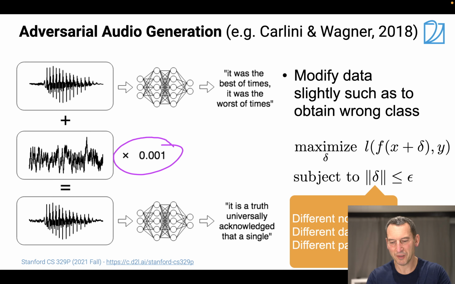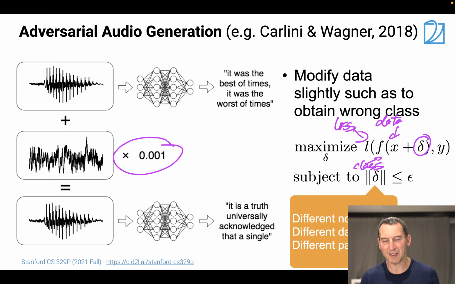They said, well, they want to have a minimal perturbation delta. This is the original data. This is our classifier. And this is the loss. So this is completely standard. And they said, basically, let's find some perturbation delta, which is small.